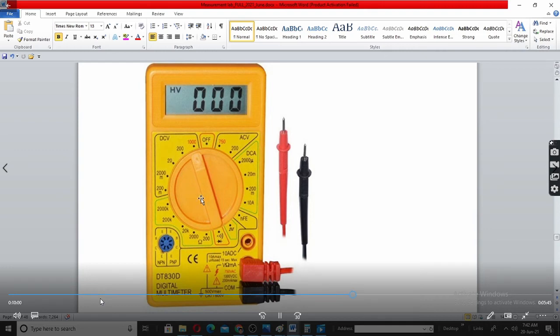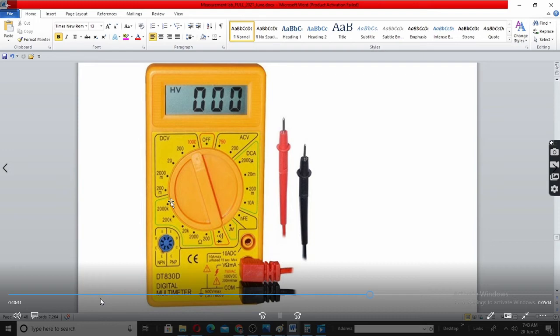Suppose you keep the range selector at 200k, and a digit 1 is displayed here. That means resistance between these two terminals is more than 200K. So you have to increase the range to 2000K to measure.